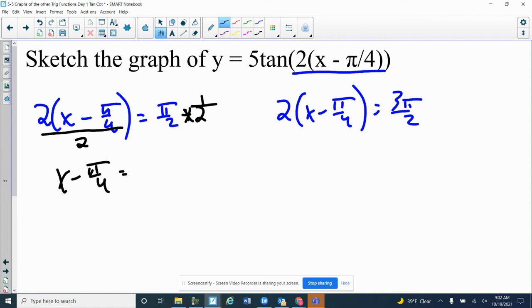So we're multiplying by 1/2 to get pi over 4. Okay? I'm going to add that pi over 4 to both sides. If I add pi over 4, that gives me 2 pi over 4, which is pi over 2. It just so happened to be one of those original asymptotes. So one of the asymptotes of my new graph is going to be at x equals pi over 2.